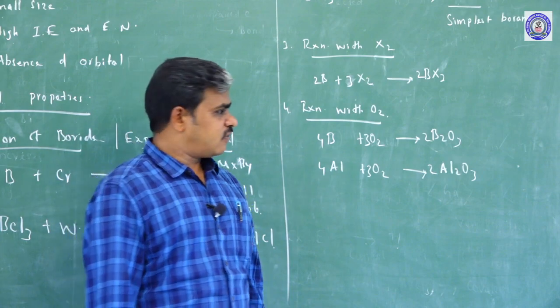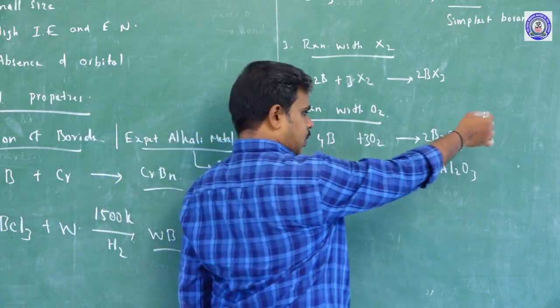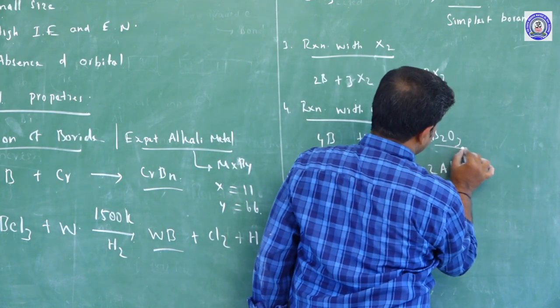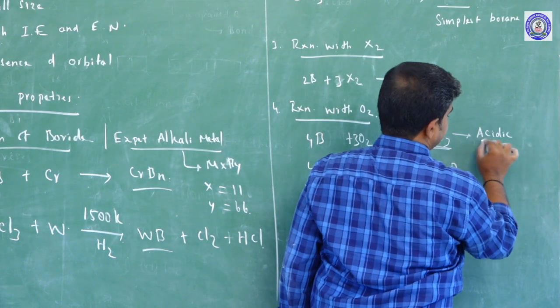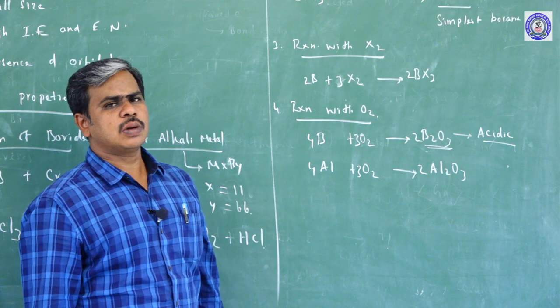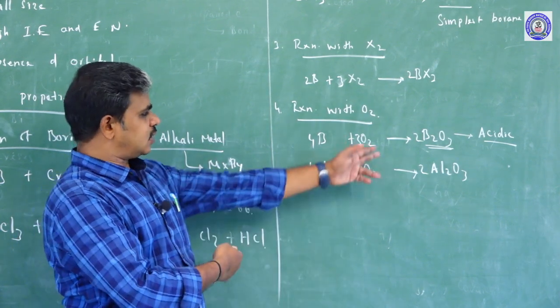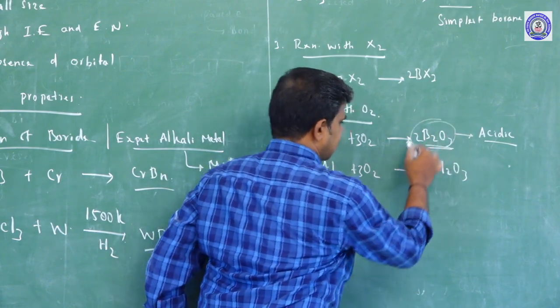Now here we may take the oxide reaction. This is a very important reaction. This B2O3 is acidic in nature. What do you mean by acidic? When it reacts with water, it gives an acid. Suppose we take B2O3.